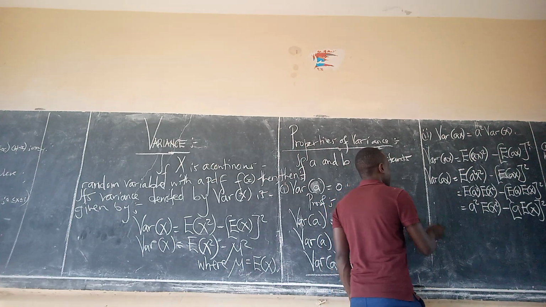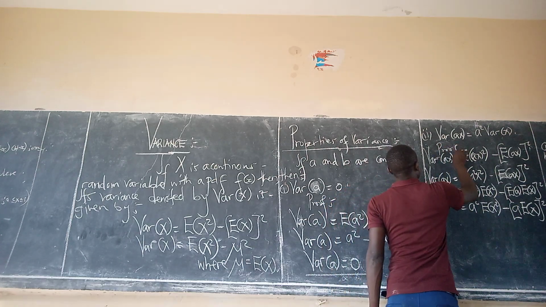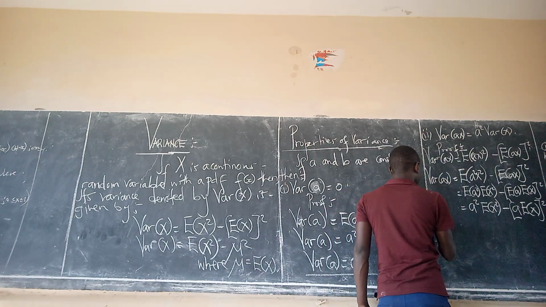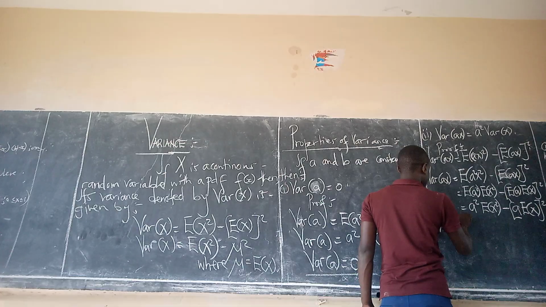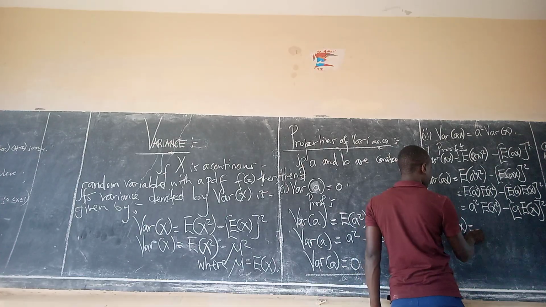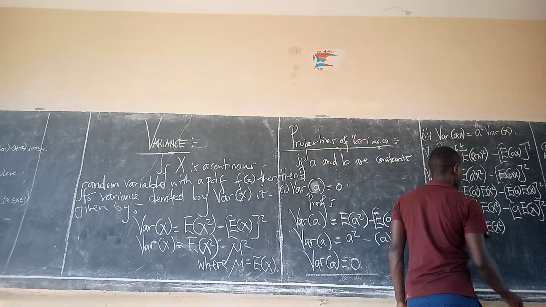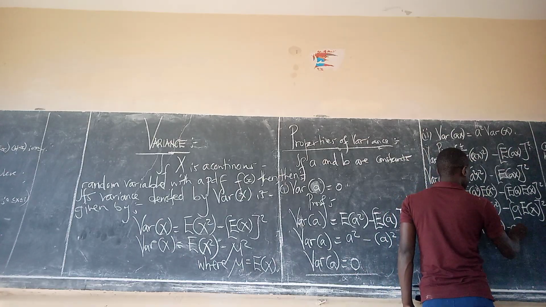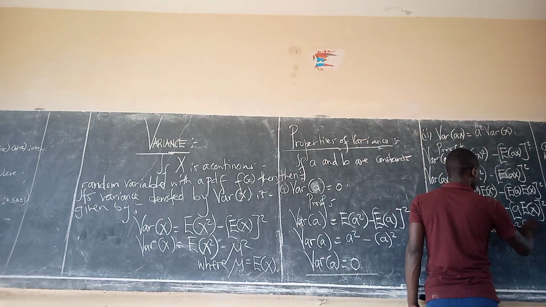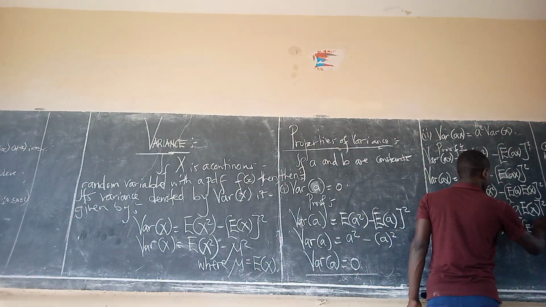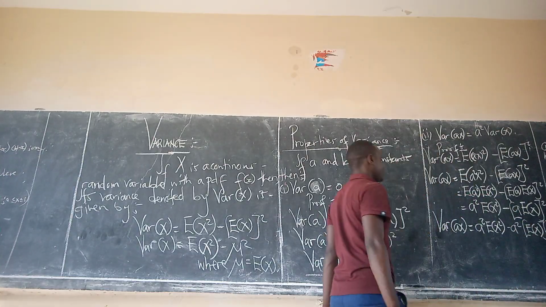This is now the proof. Our variance of ax will definitely become a squared times the expectation of x squared, minus a squared times the expectation of x, squared.